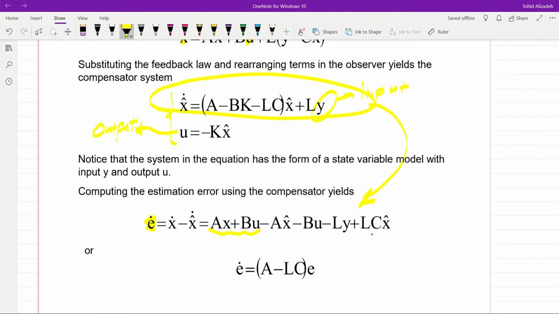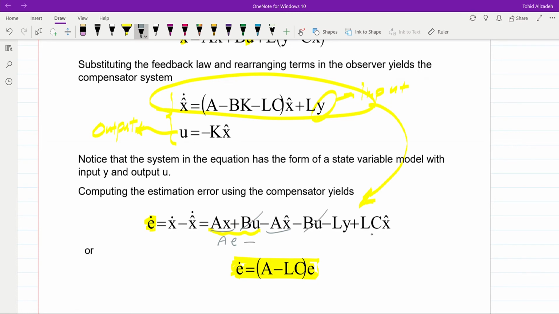And then we will have e dot equal to A minus LC times e, because some terms will cancel here. So we will get Ax minus A x hat, which gives us A times e. Bu will cancel.